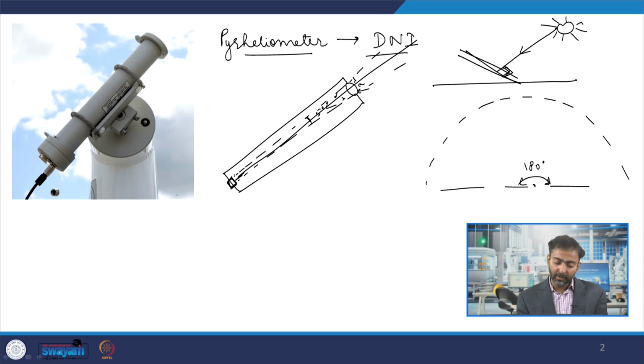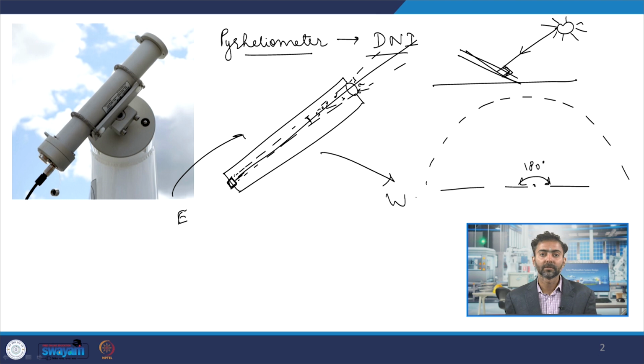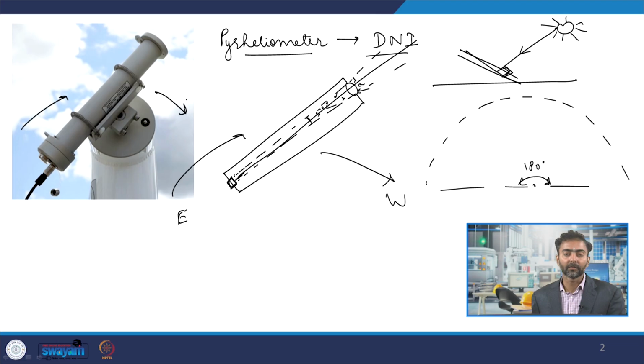So therefore this particular tube has to have a tracking mechanism from east to west direction as the sun goes. So in this figure, if you see here, this particular thing will have a tracking mechanism, and the tube will track the motion of the sun from the east, the sun rising in the east, it will go from the east to the west as the sun moves. The tracking would be there. So that is the daily tracking.